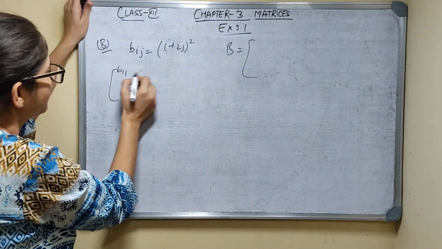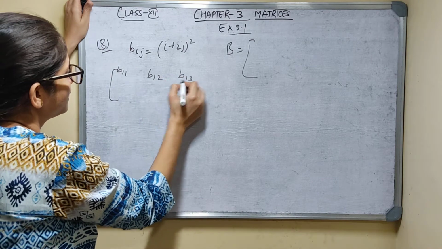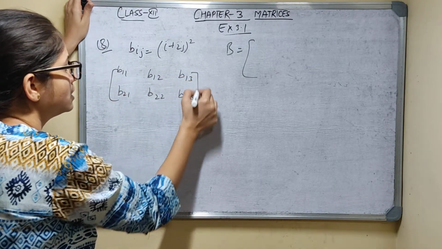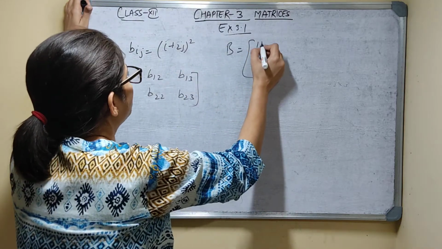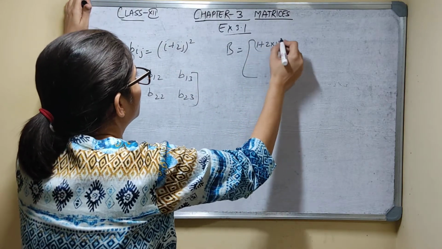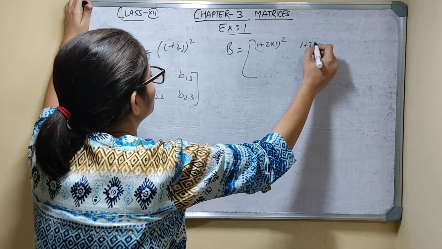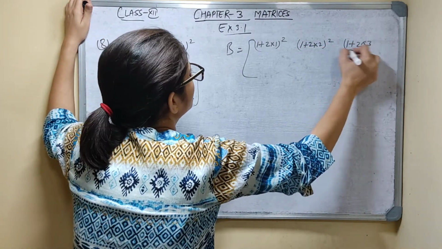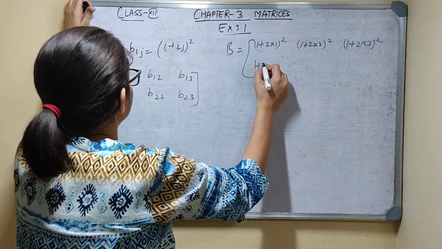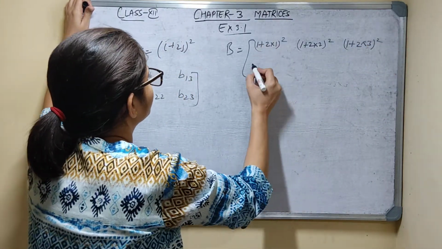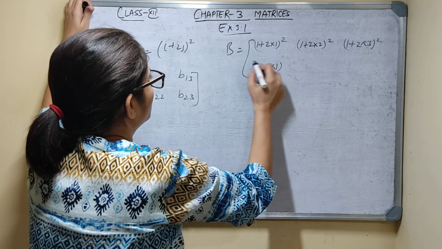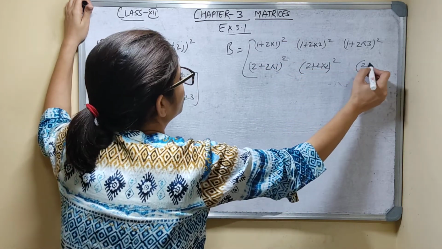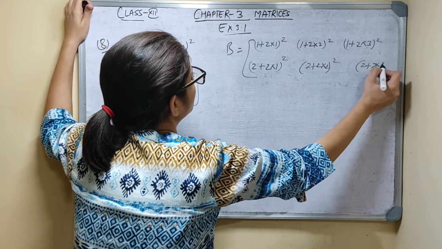I am writing here B11, B12, B13, B21, B22, B23. So you will write (1 plus 2 into 1) whole square, (1 plus 2 into 2) whole square, (1 plus 2 into 3) whole square, (2 plus 2 into 1) whole square, (2 plus 2 into 2) whole square, (2 plus 2 into 3) whole square.